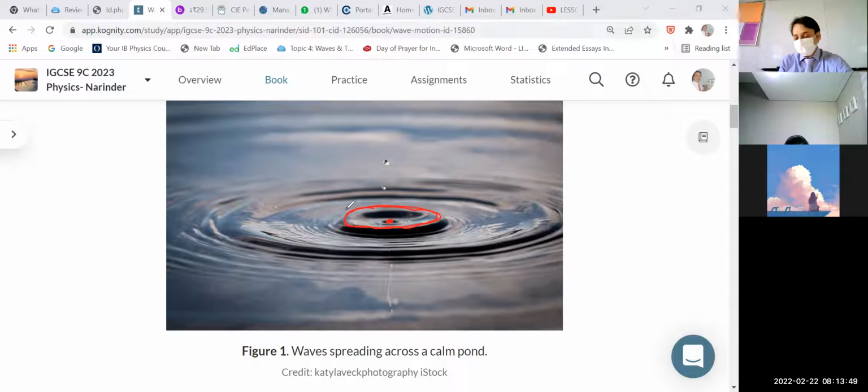And on this wavefront, all the particles of water, meaning water molecules, at the same instant of time, are at the same position. They are at the same height, and if you join all these points, you will get a wavefront.